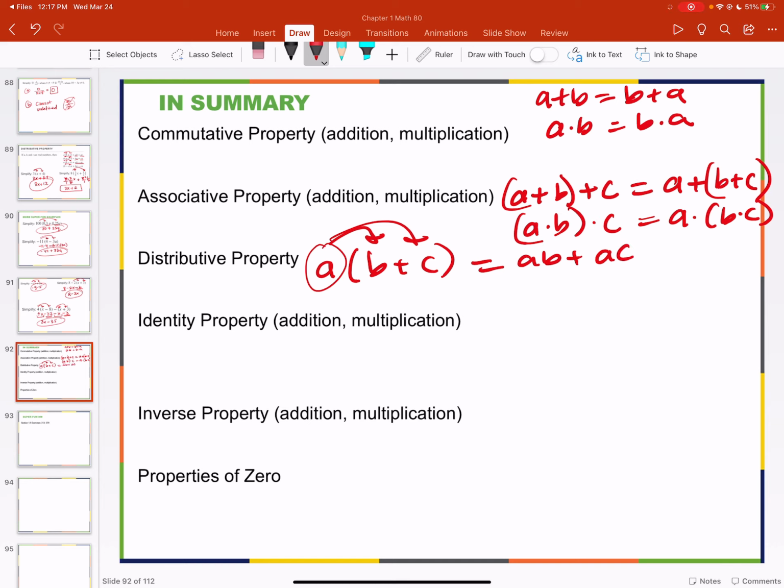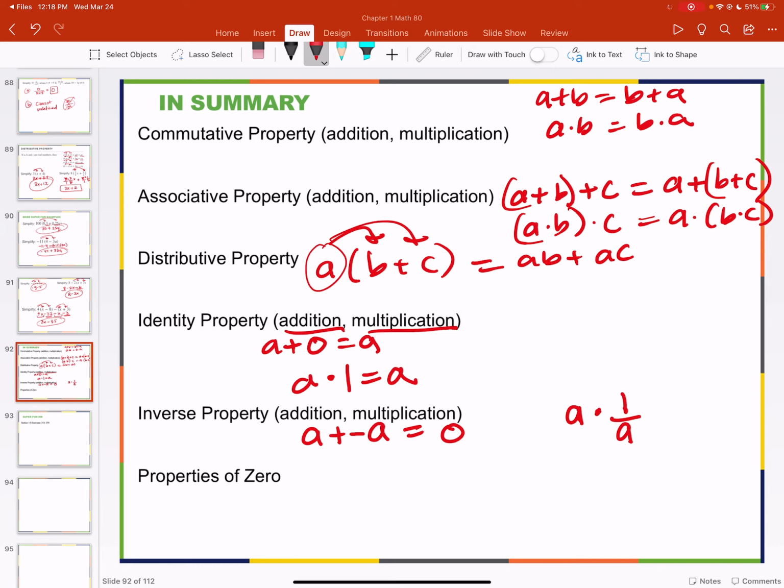Identity means that the identity for addition is 0. Any number plus 0 becomes itself. And for multiplication, any number times 1 is equal to itself. And then inverse property, so for addition, the additive inverse is the opposite of the number. And for multiplication, the multiplicative inverse is the reciprocal of a number.